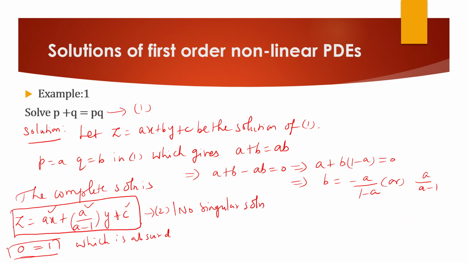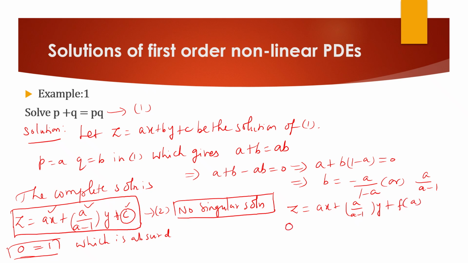Okay. Next, how to find the general solution? For general solution, we have to take one constant as a function of the other. So we are going to take c as a function of a. That is, let us take z = ax + (a/(a - 1))y + f(a). So now we have to differentiate this with respect to a.